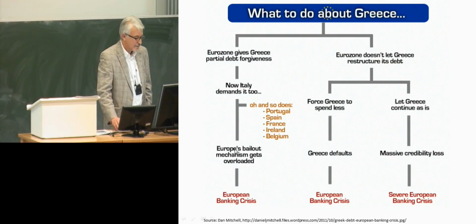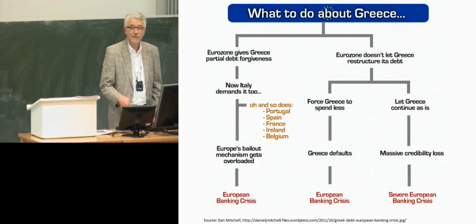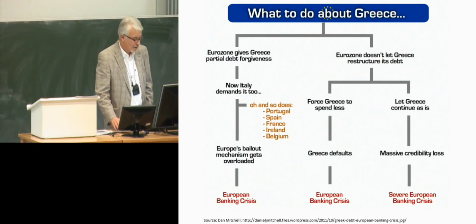And Europe's bailout mechanism gets overheated. There isn't enough money to save them all, and in the end we would have a severe European banking crisis and a liquidity crisis. Then here the Eurozone doesn't let Greece restructure its debt, forces Greece to spend less, but nevertheless Greece defaults.